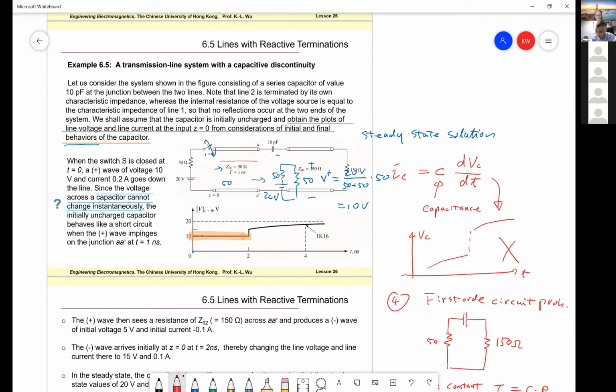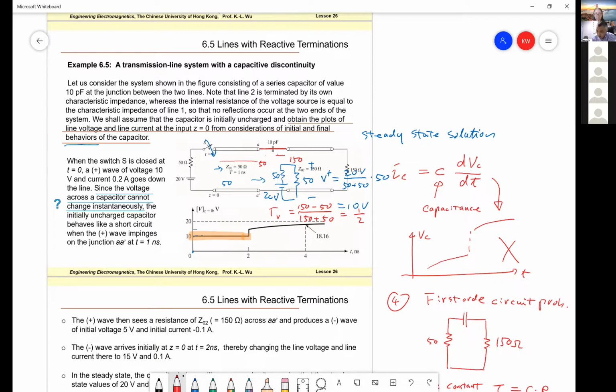Once it is 0, it's as if this is connected, because there is no voltage drop. Then you have 50 ohm and 150 ohm. Tell me what the voltage reflection coefficient is. It's 150 minus 50 over 150 plus 50, which is 1/2. This is the voltage reflection coefficient.